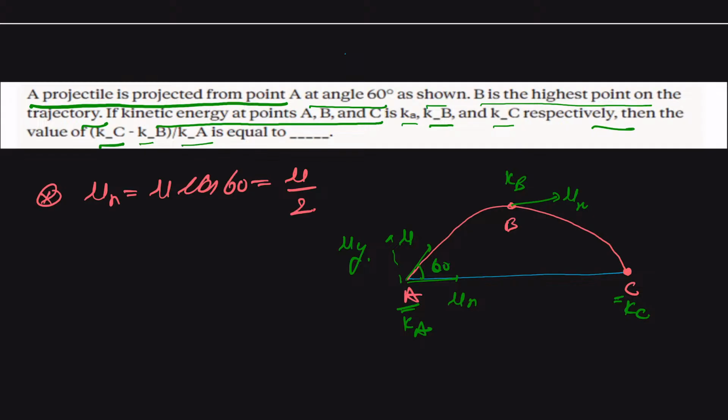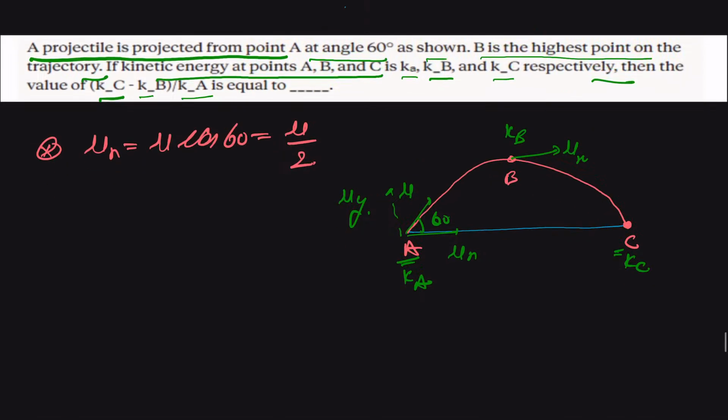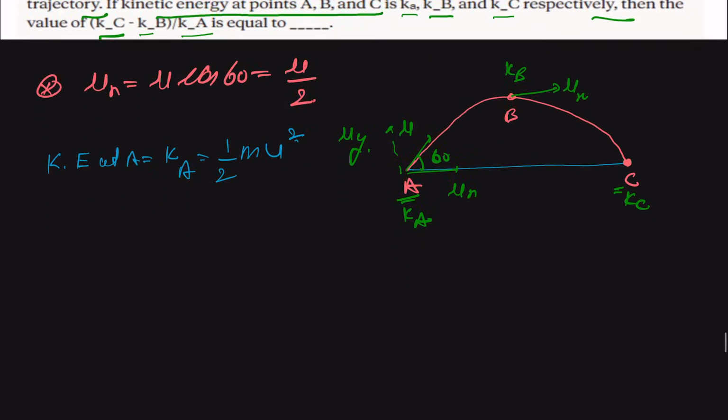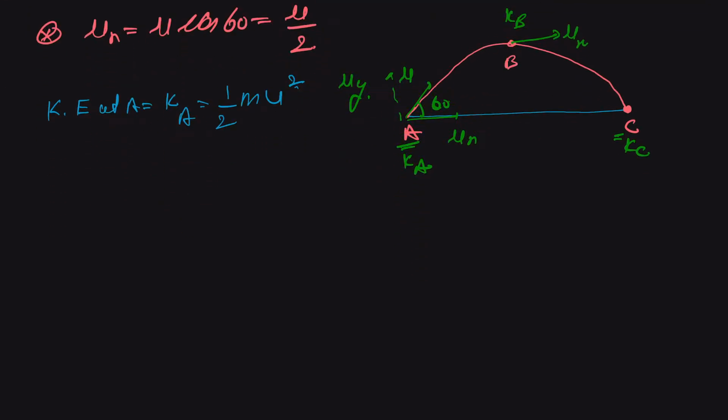Therefore the kinetic energy at A, that is Ka, will be equal to half m u square. And the kinetic energy at B, Kb, is half m, and here we only have ux square, because the vertical component totally vanishes.